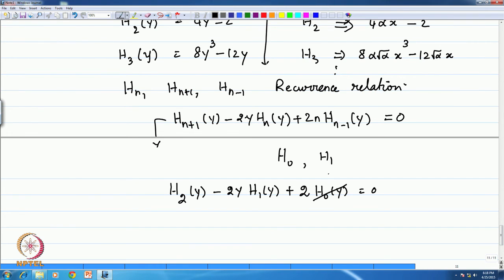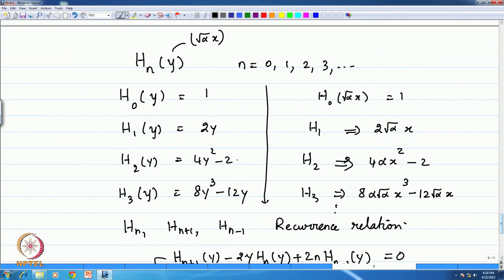H0 is 1, and H1 of y is known to us as 2y. Therefore you see H2 of y is 4y squared minus 2, which is what I had written down earlier.